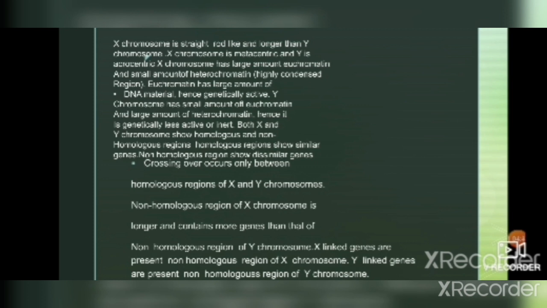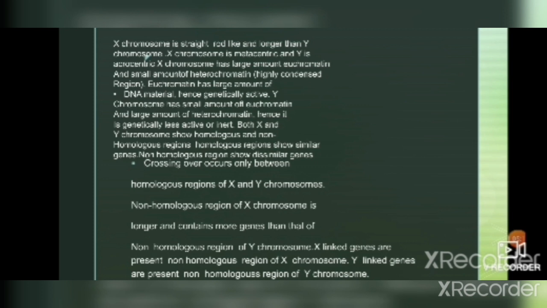The X chromosome has a large amount of euchromatin, the lightly condensed region, and a small amount of heterochromatin, the highly condensed region. Euchromatin has a large amount of DNA material, hence it is genetically active.